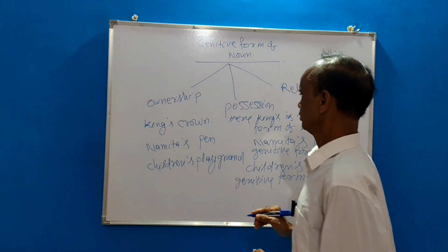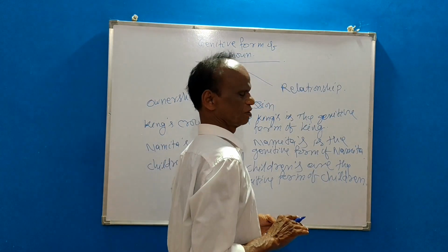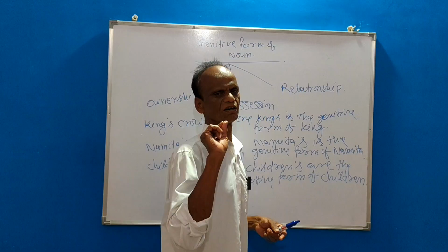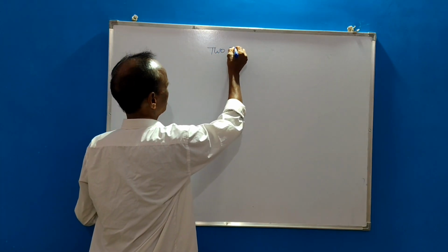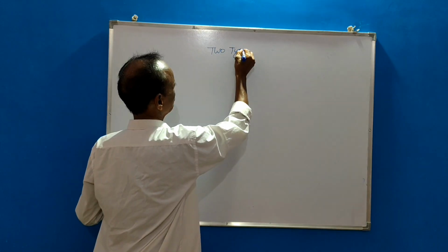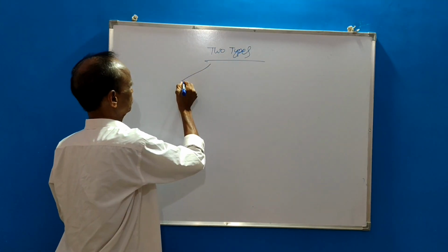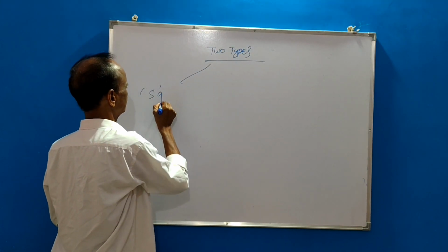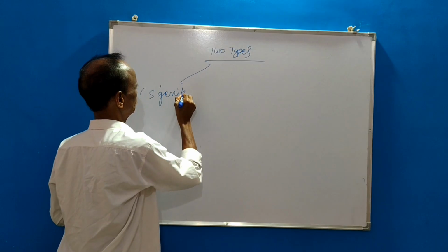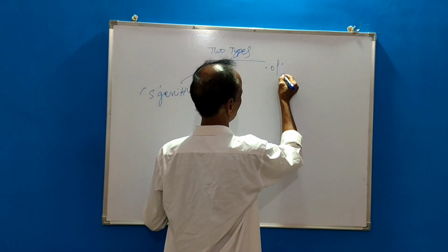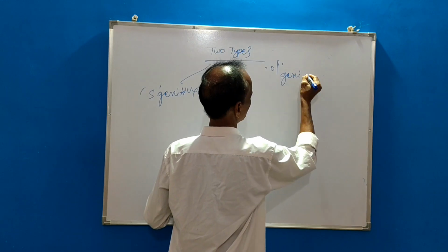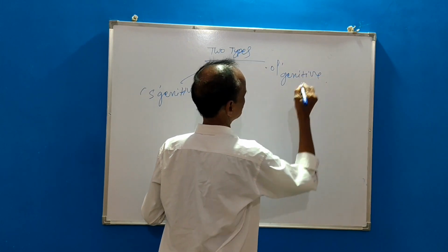Then comes types of genitive form. Two types: S genitive and of genitive. Okay, two types.